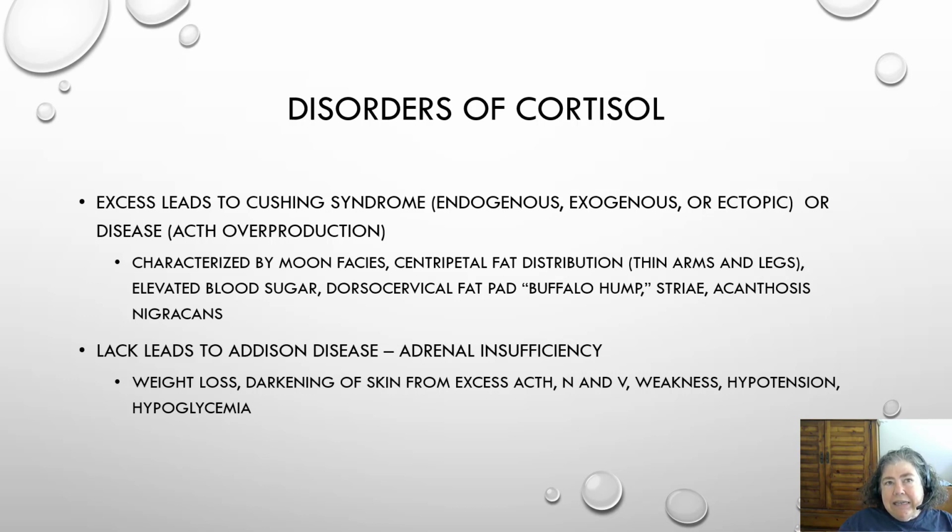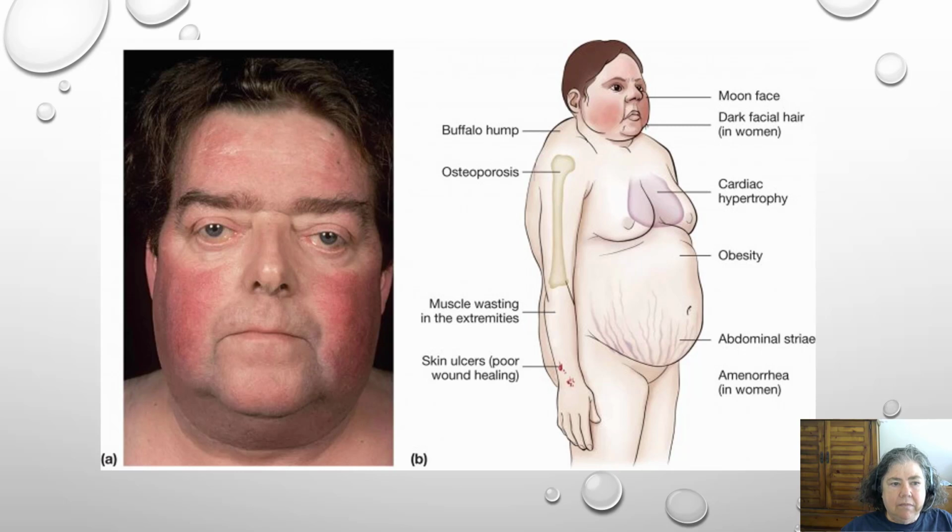And ACTH actually is similar in a molecular fashion to a hormone called melanocyte stimulating hormone that makes people more tan. So the ACTH tends to increase melanin production.